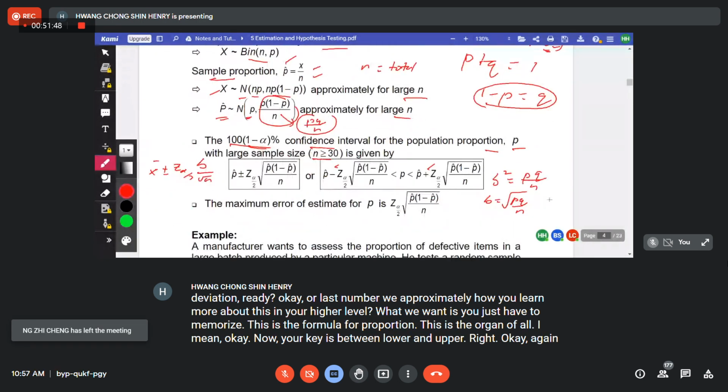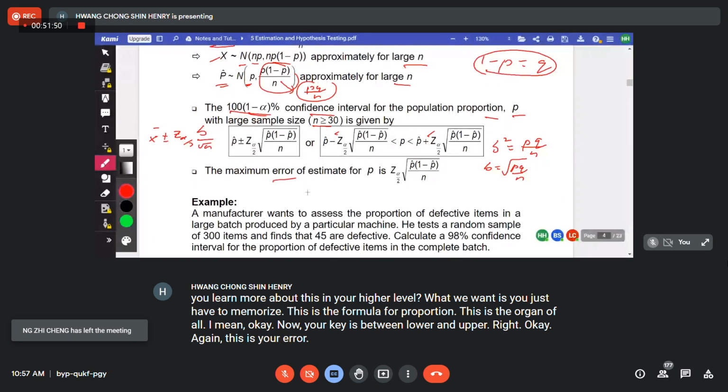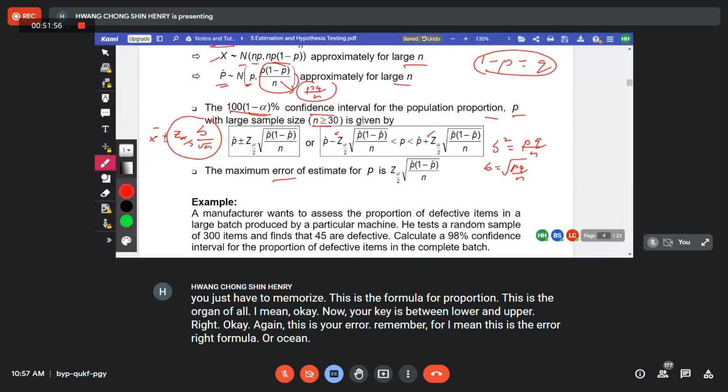Again, this is your error. Remember for mean, this is the error formula. For proportion, this is the error formula. So can we do some examples?